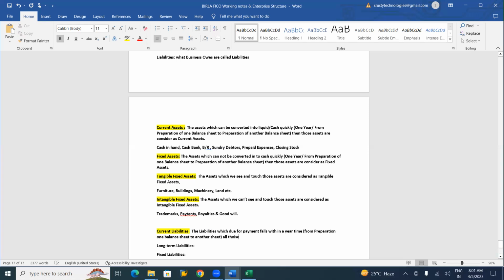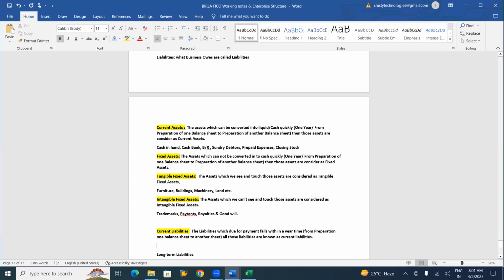All those liabilities are known as current liabilities. For example, whatever payments or repayments we need to make within a year, all those liabilities are known as current liabilities.